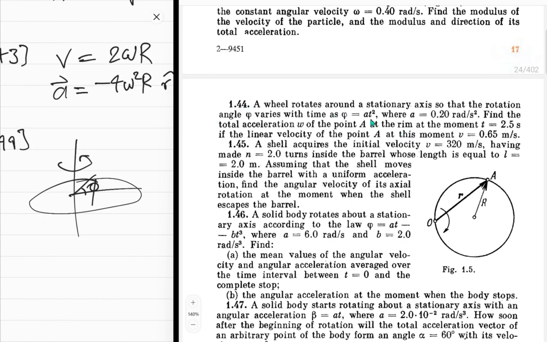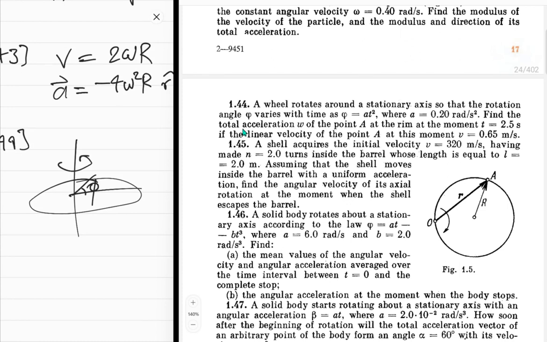Of course, it's at constant angular acceleration. So does t equal to 2.5 really make any difference? The linear velocity is v equal to 0.6. Man, you gave us everything now. Seriously.